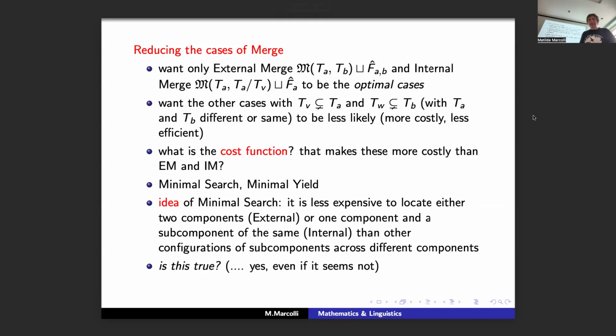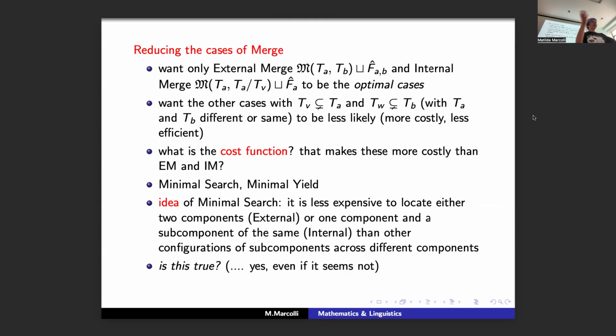The way this idea of minimal search is described when you read the papers is that it should be less expensive to search for my matching terms in the workspace. Of course, the first thing I search for is to look at what components I have and whether two of these components match the term that I'm looking for, in which case I do external merge.